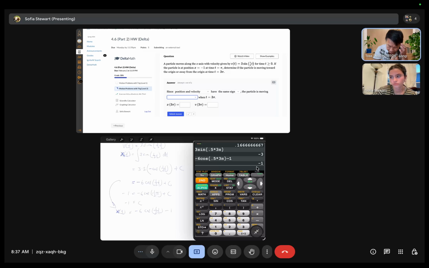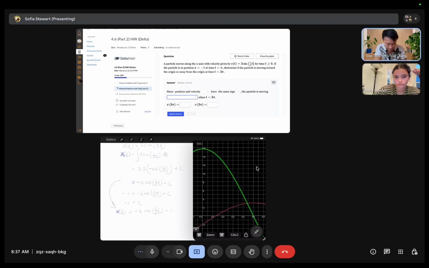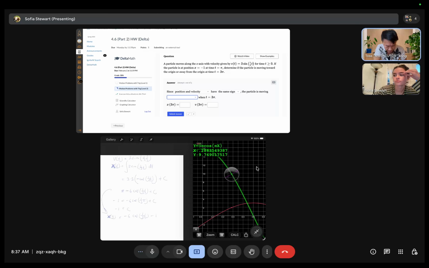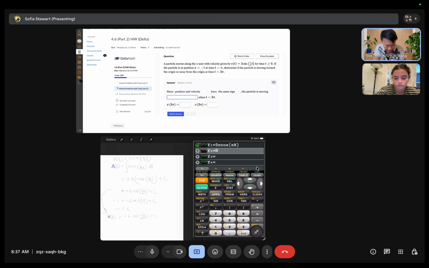Now for that, I have the graph. Let me see. The particle is moving towards or away at that time, right? All I need is the position function, cosine 0.5 x minus 1.